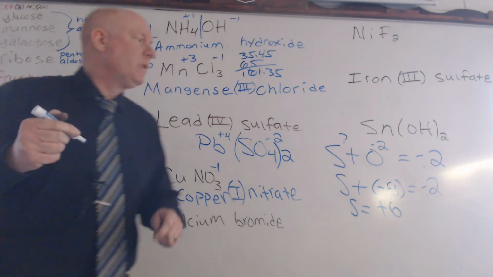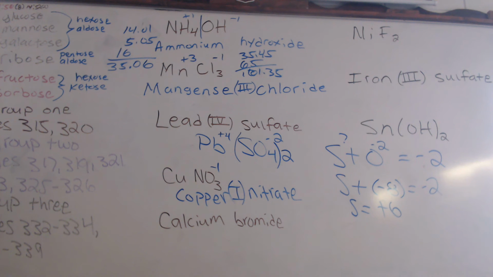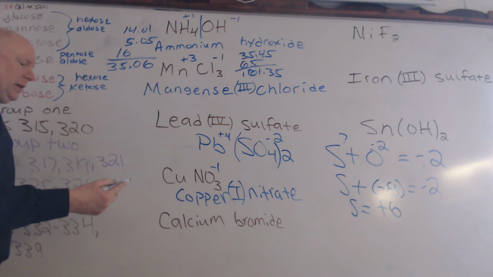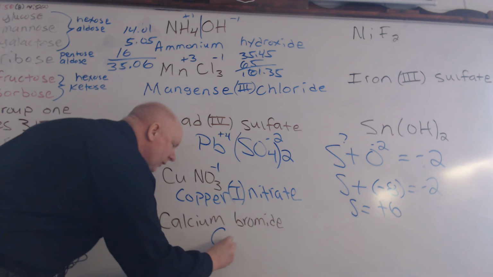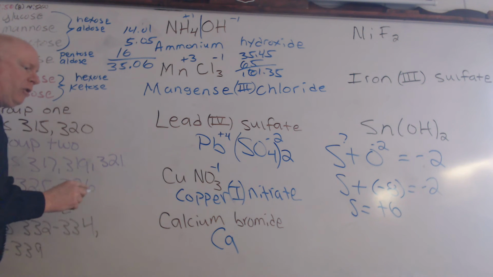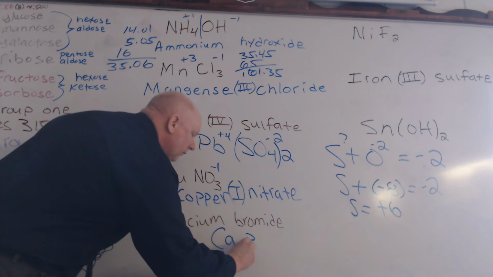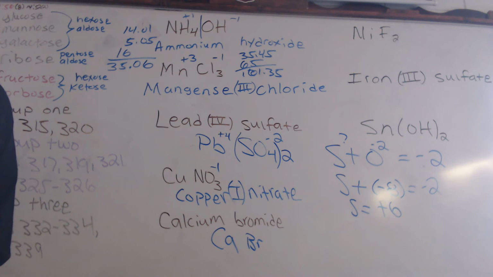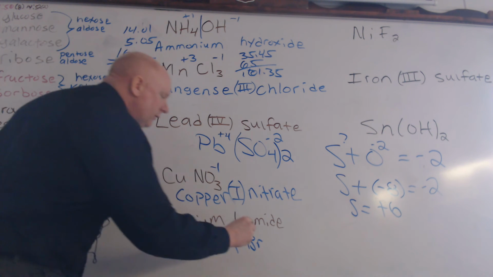You said you wanted to do the rest? Is it just the naming, or is it the adding together and all of it? Just the name. All of it. So, what is the symbol for calcium? What is the symbol for the bromide ion? Start with your negative ions. Bromine is a halogen, so it's negative what?